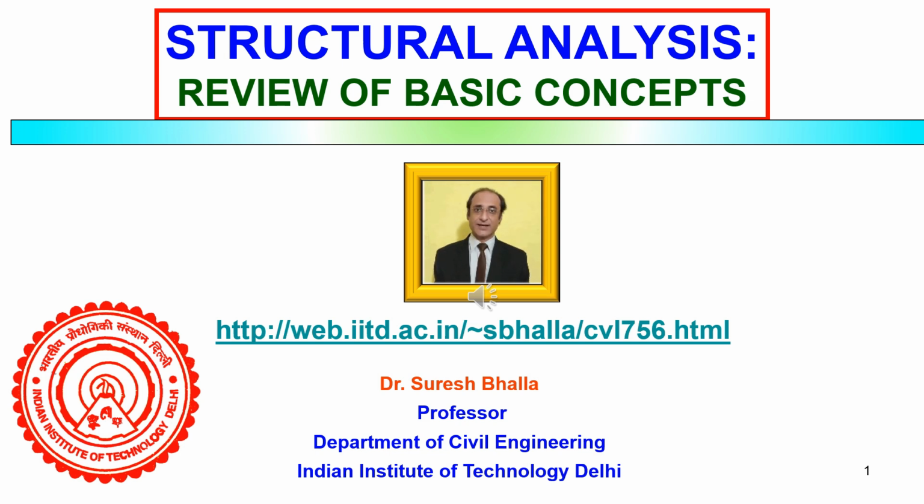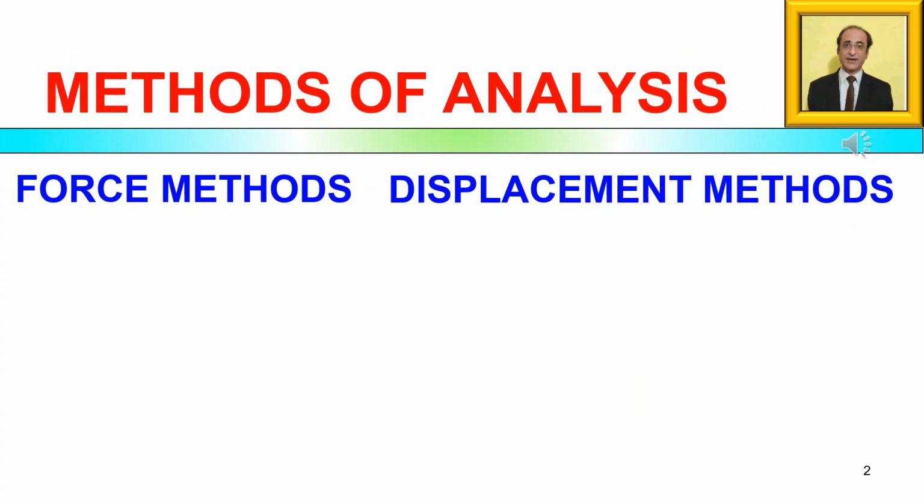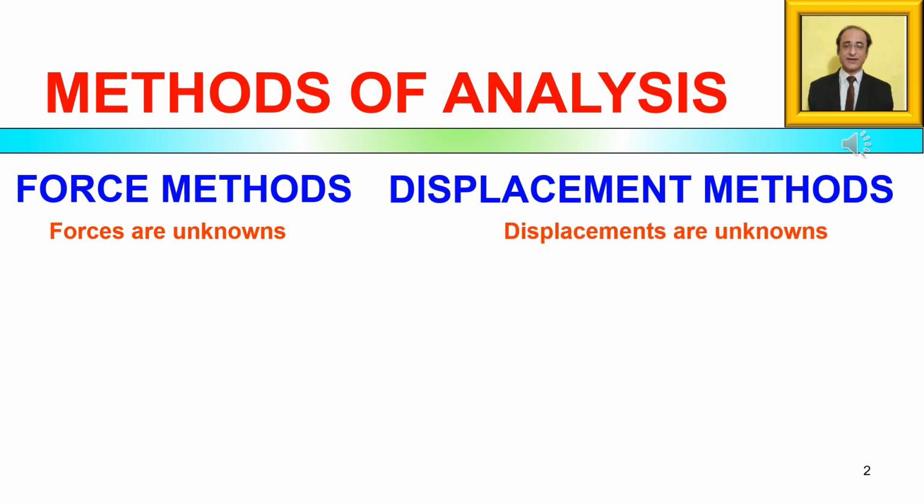After we finish this review, we will begin the first important topic of the course, that is the direct stiffness approach for computer applications. We have studied that the methods of analysis for structures can be broken down into two categories: force methods, where forces are the main unknowns, and displacement methods, where displacements are the main unknowns.